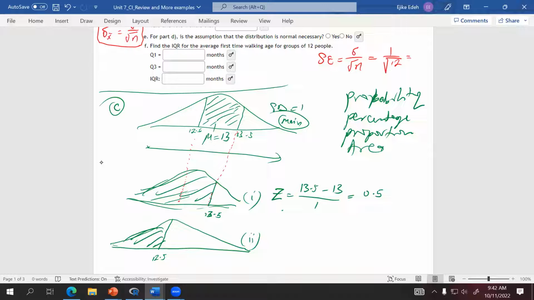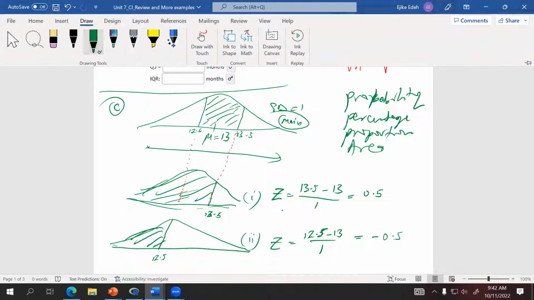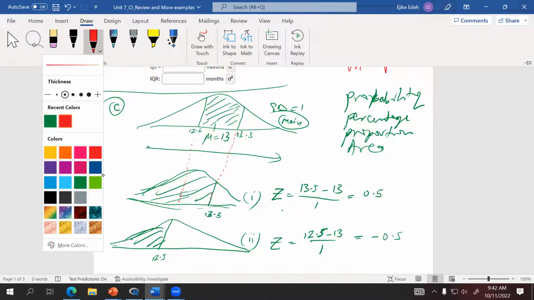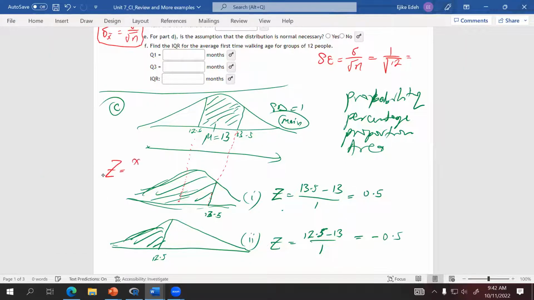That is positive, right? For the second part, the Z value for 12.5, given that the mean is 13, divided by the standard deviation of 1, should give us negative 0.5. Right? We are doing all this knowing that for Z, the formula is your data point minus the mean divided by the standard deviation. So that's what we're implementing.